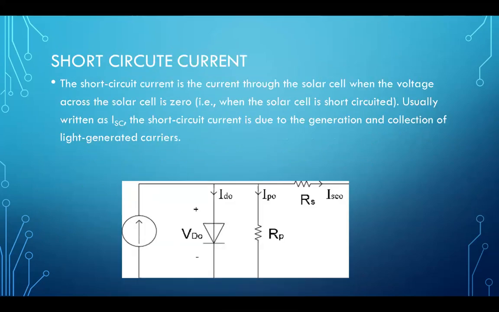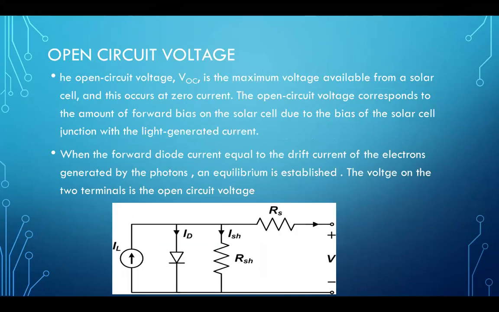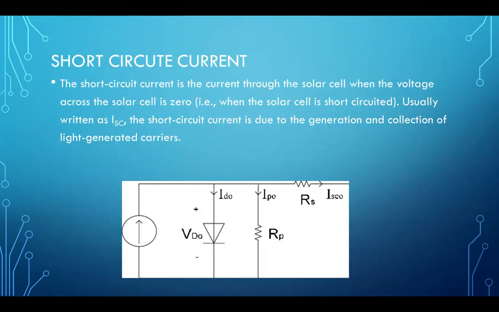Now the other case. What happens if I connect this open part here with a wire? I just short the circuit and cause a current to flow with no resistance. In this case, the voltage equals zero, while the current is maximum.